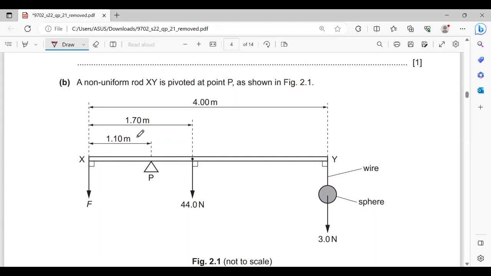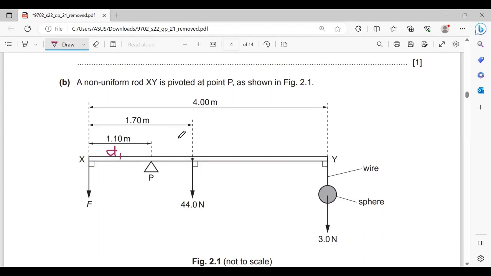This is D1, distance 1, which equals 1.1 meters.